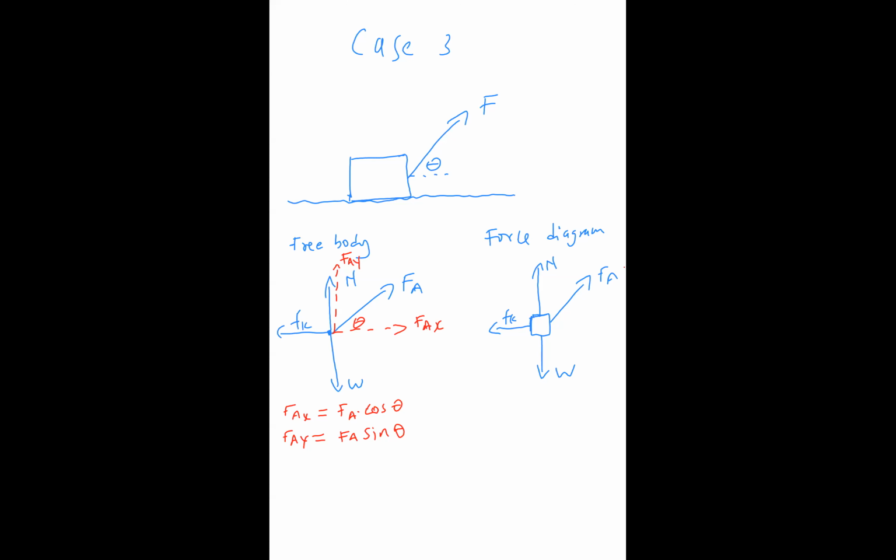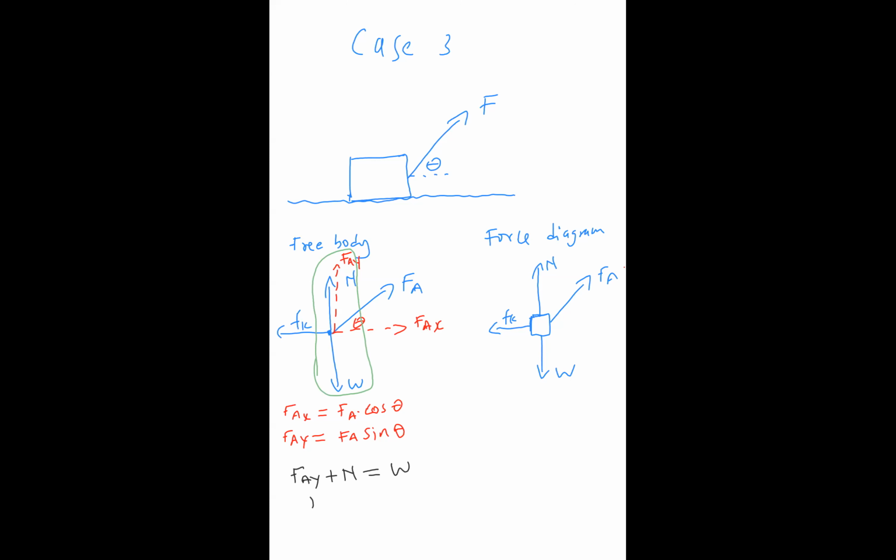Okay, now you can see that we have these forces here. Now the forces are 3. We have 2 pointing upwards and 1 pointing downwards. These forces are always at equilibrium, as I said earlier. Therefore, the sum of the two, FAY plus normal force, must give us weight.